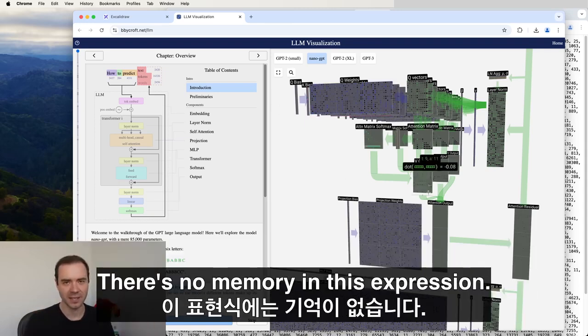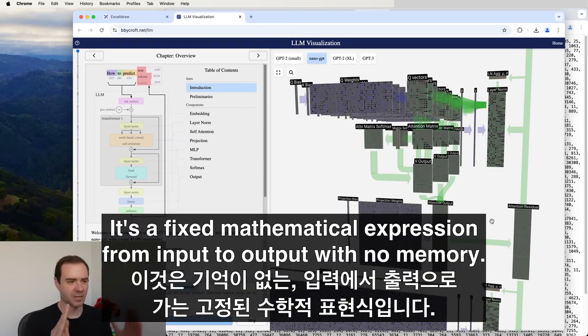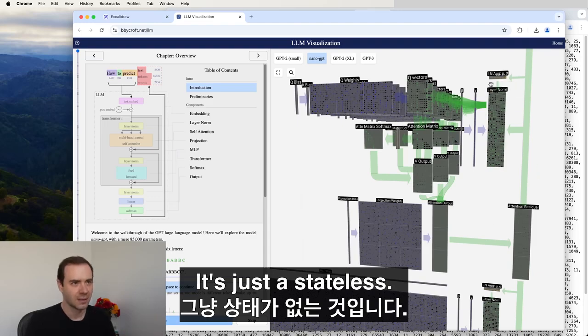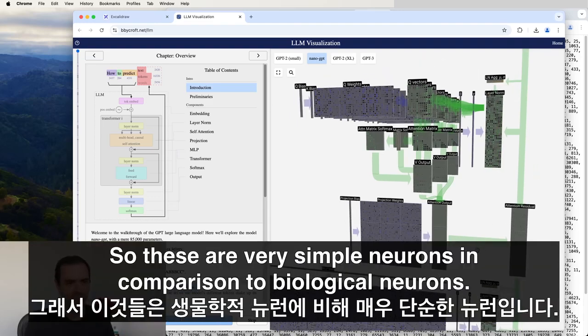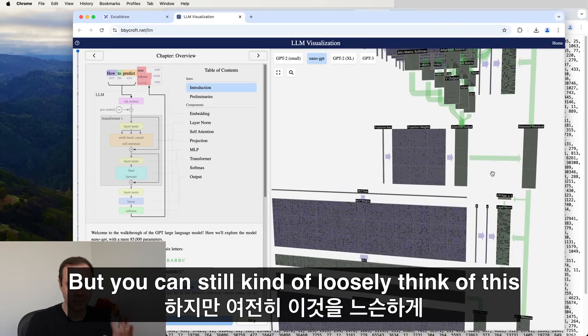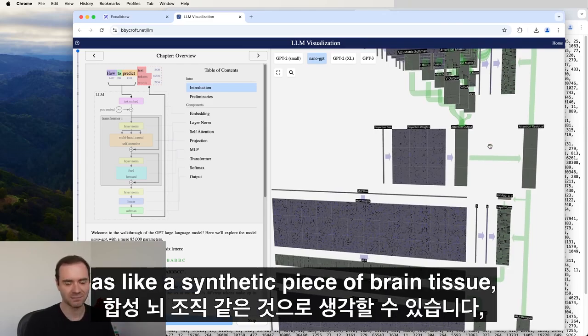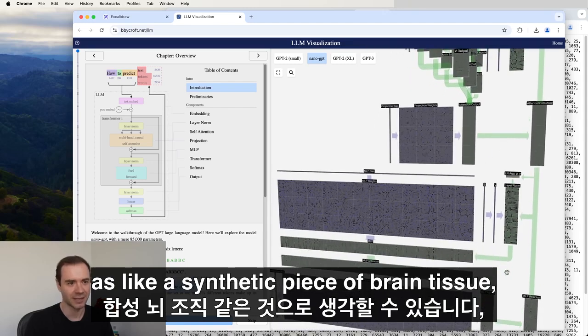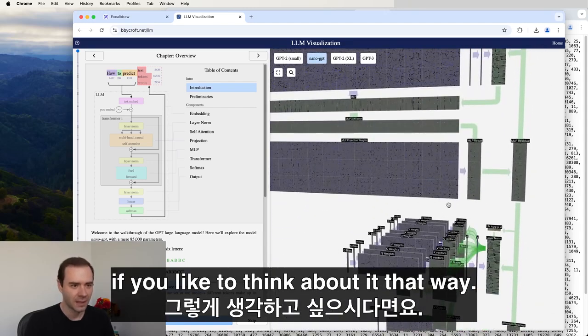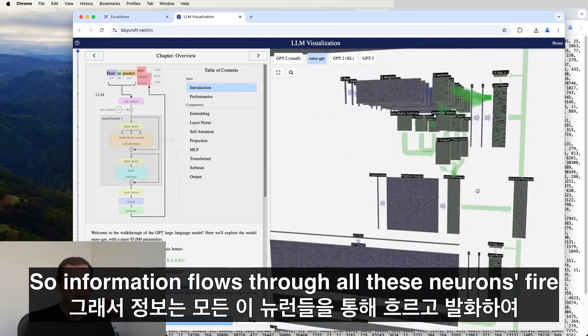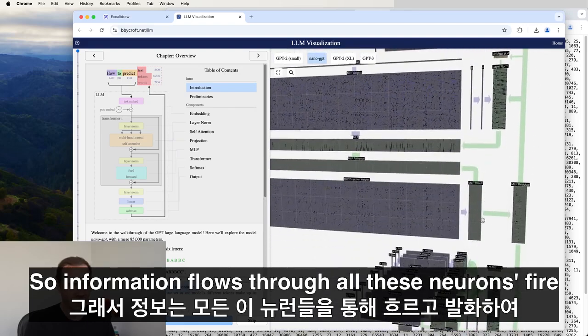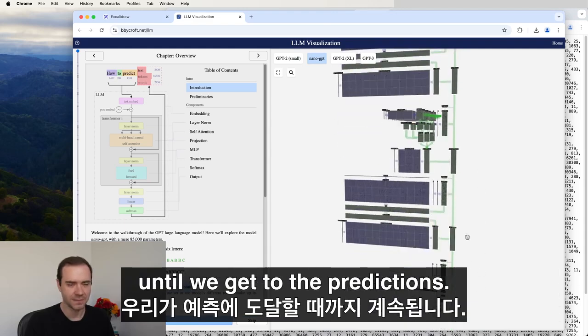There's no memory in this expression. It's a fixed mathematical expression from input to output with no memory. It's just stateless. So these are very simple neurons in comparison to biological neurons, but you can still loosely think of this as a synthetic piece of brain tissue, if you like to think about it that way. So information flows through, all these neurons fire until we get to the predictions.